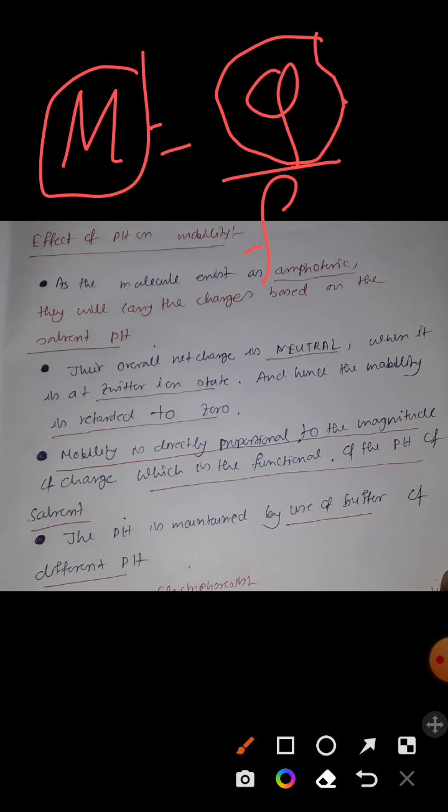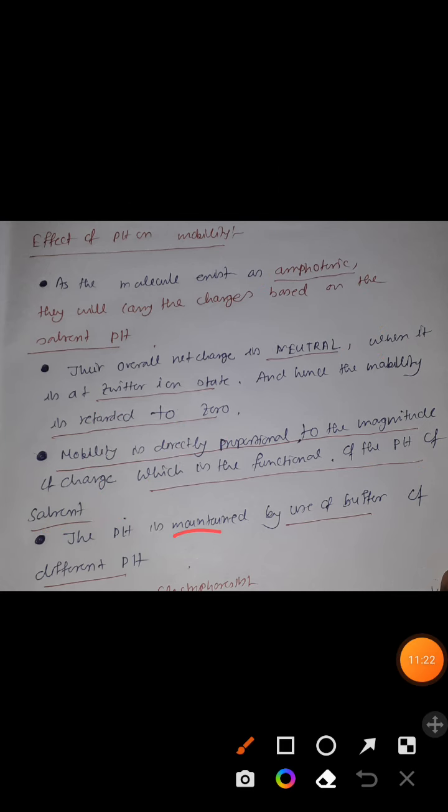This magnitude of charge depends on the pH of the solvent. Often we are separating protein molecules in electrophoresis, and the charge of a protein molecule depends on the pH of the solvent.